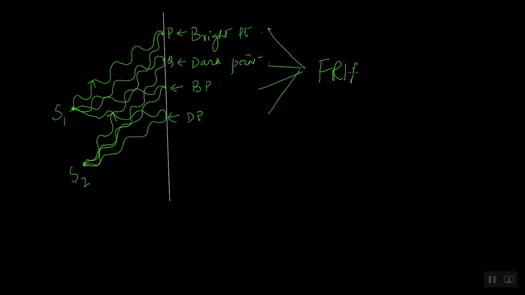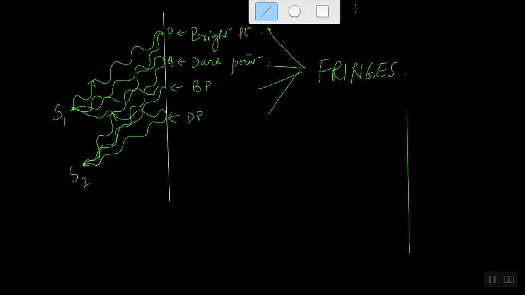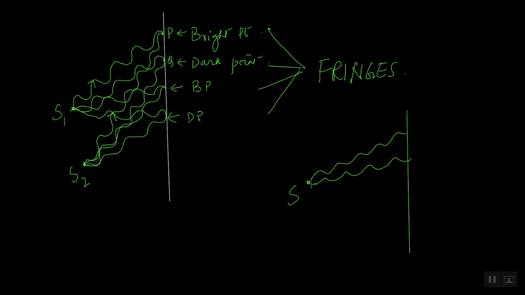They are called fringes. So basically from these two sources of light the intensity of light is getting redistributed. If you have just one source of light, source S, with the screen like this, then I have the light going in this direction.